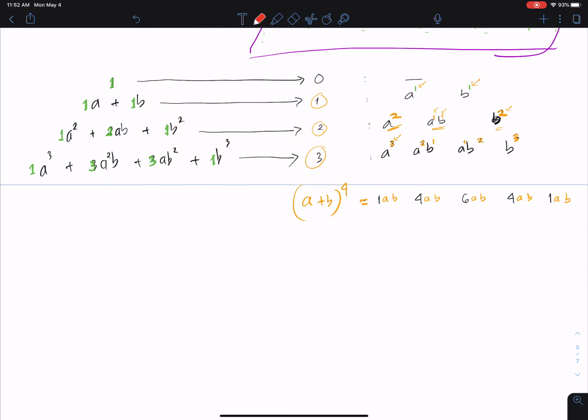So since it is to the power of 4, we start with 4 0, total is 4, 3 1, total is 4, 2 2, total is 4, 1 3, total is 4, 0 4, total is 4. And because this is plus, so now it is plus.